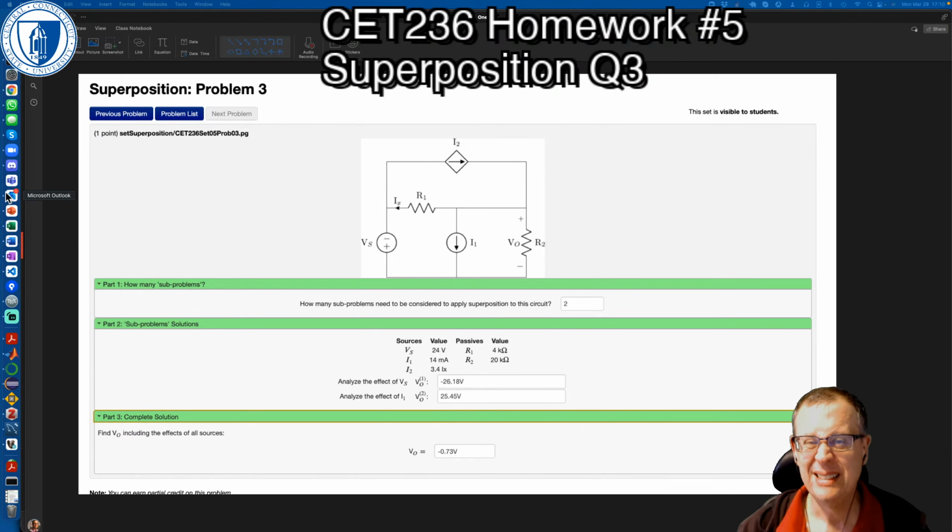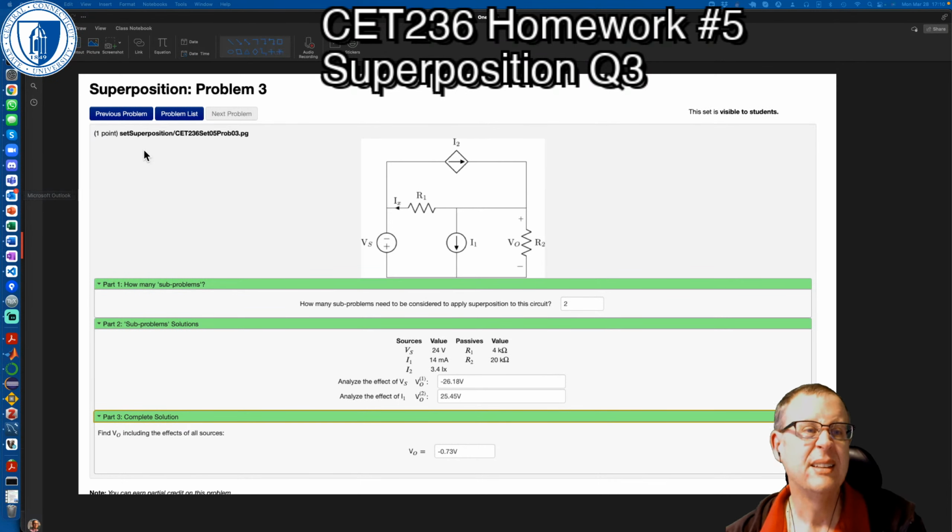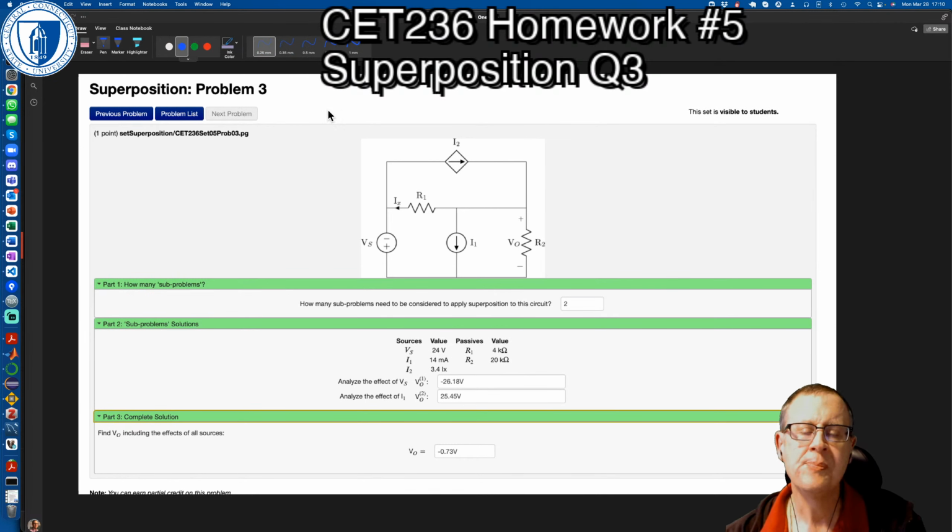And remember, for dependent sources, we can't replace those. So in this case, we can only generate two subproblems, not three. There are three sources, but only two of them are independent sources. So let's see what that does to how we solve the problem.